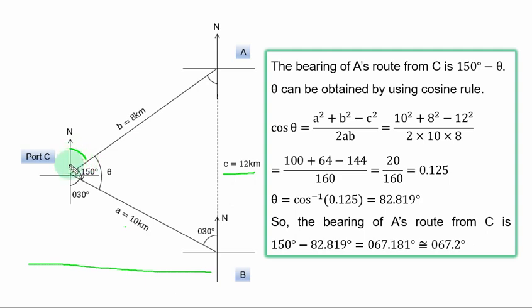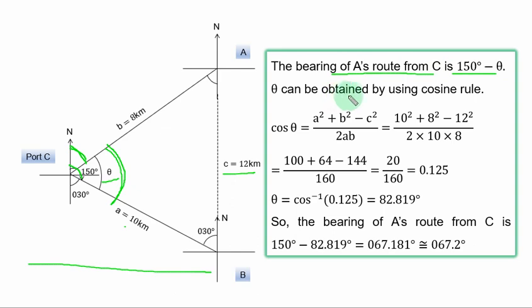Now this entire angle is 150 degrees. What we need is just this part. It means if you get this angle, you subtract it from 150 degrees. In triangle ABC, the three sides are known. Therefore, you can get angle theta by cosine rule. The bearing of A's route from C is 150 degrees minus theta.